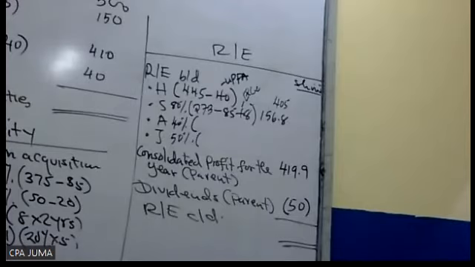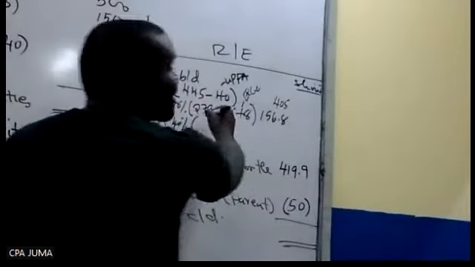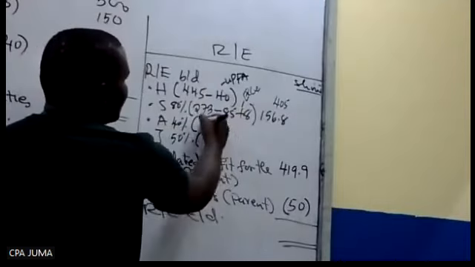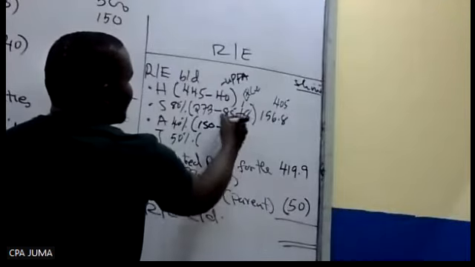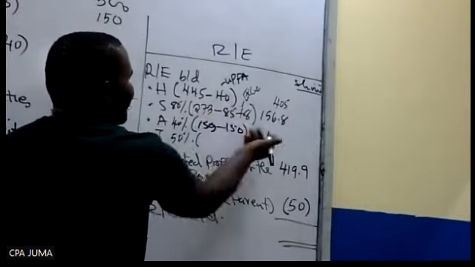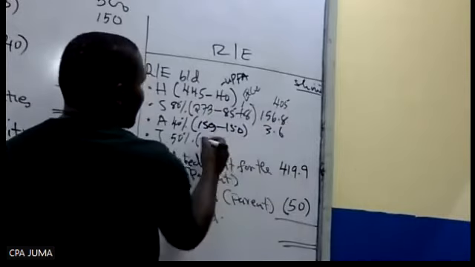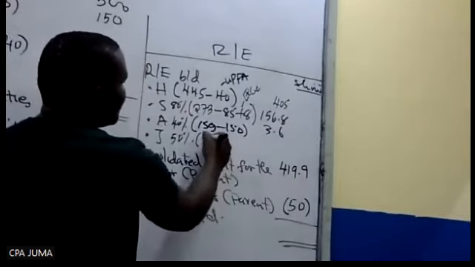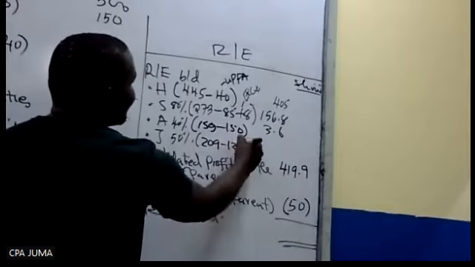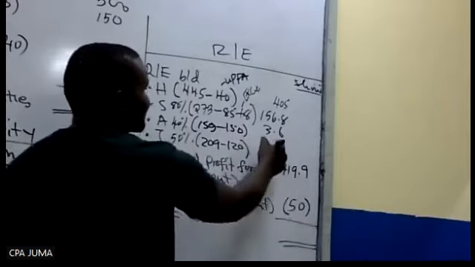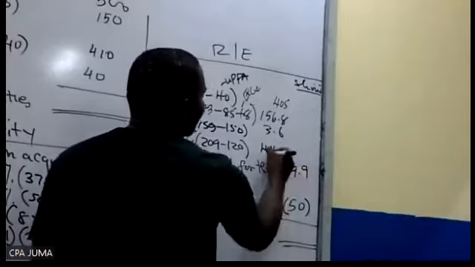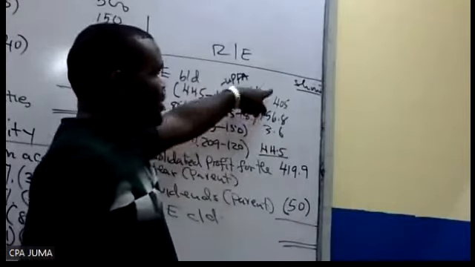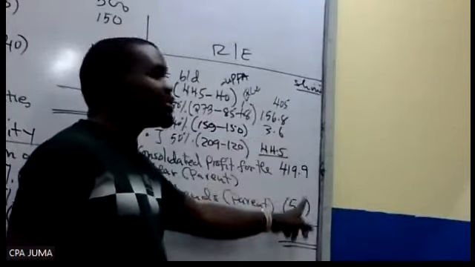So this one is what minus what? 159 minus 150, that is 9 by 40% is 3.6. And this one, 209 minus 120, by 50% is 44.5. Can you add all the brought downs? This off, bring here, add this minus this.